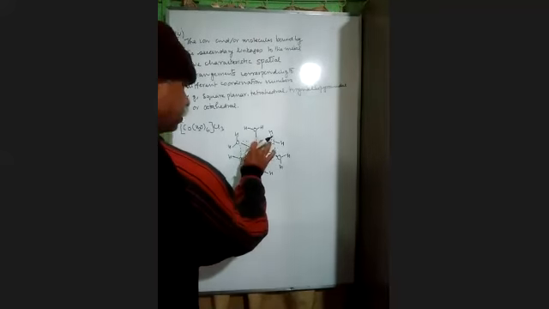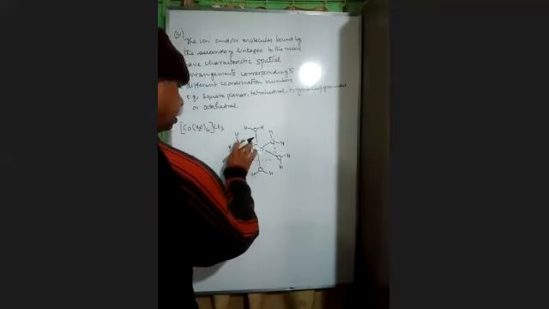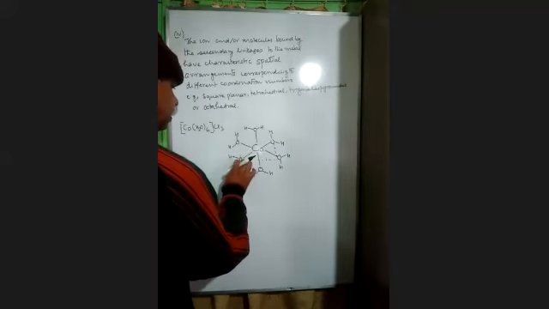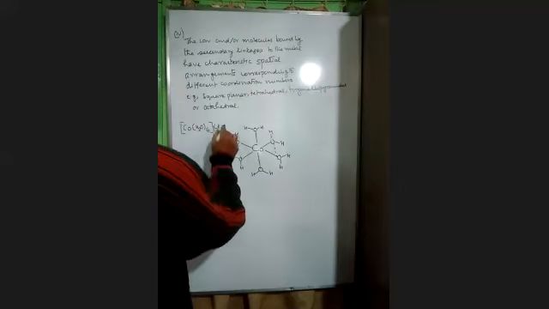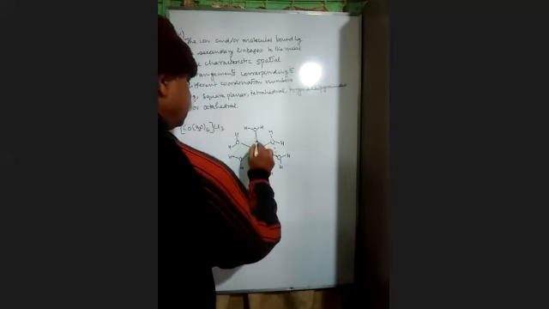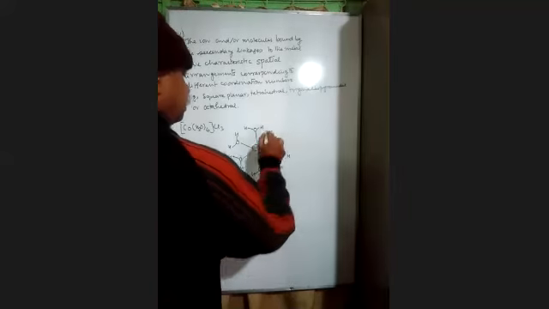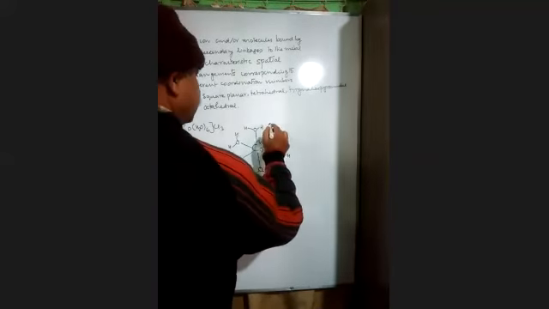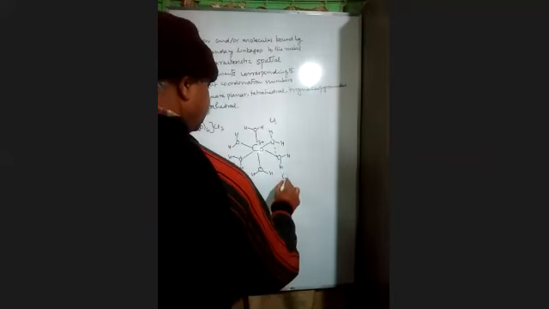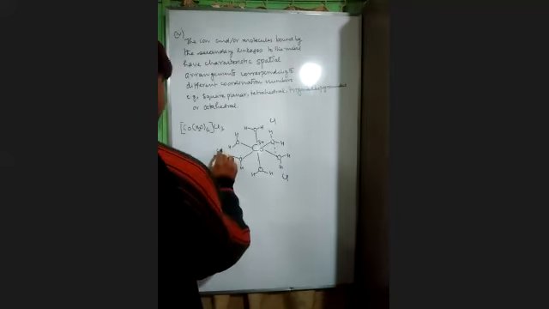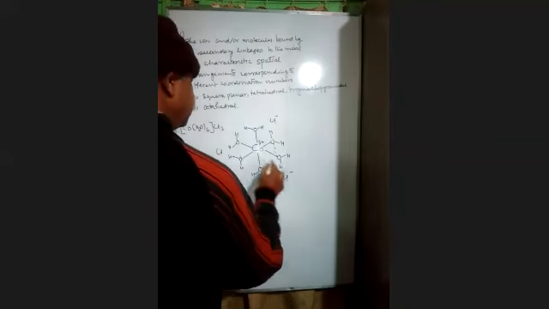Okay, I will not write this one, you will have some confusion. So these are the secondary linkages. Now see here, cobalt here is 3 positive. Water molecules are neutral, so water cannot neutralize its charge. So in this case, suppose I write here Cl, Cl, and Cl. These are negatively charged species.